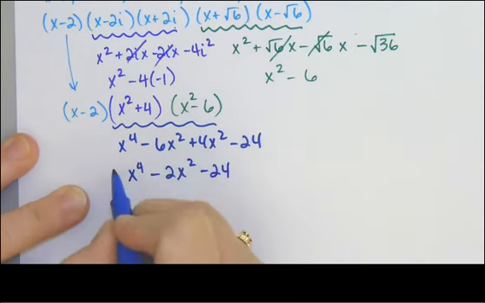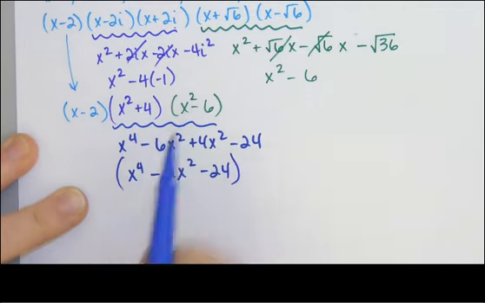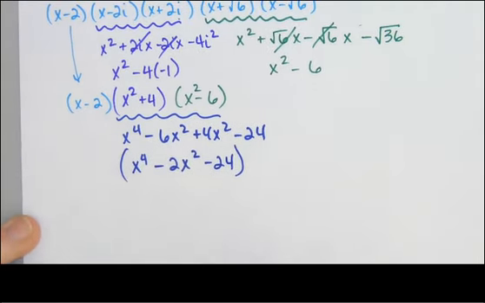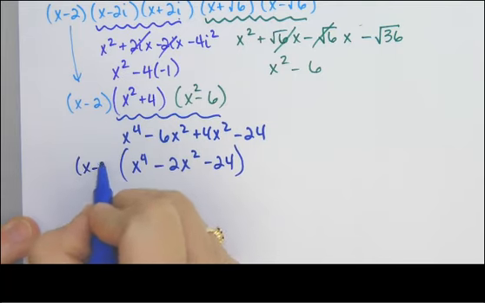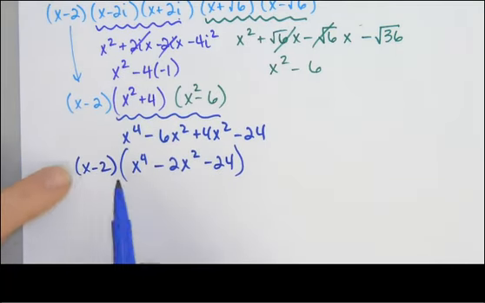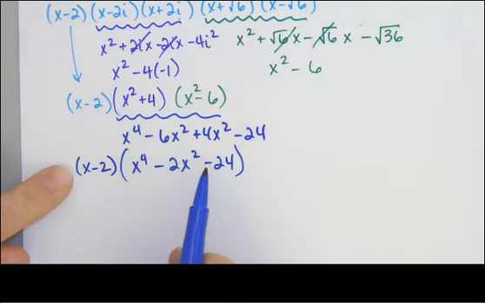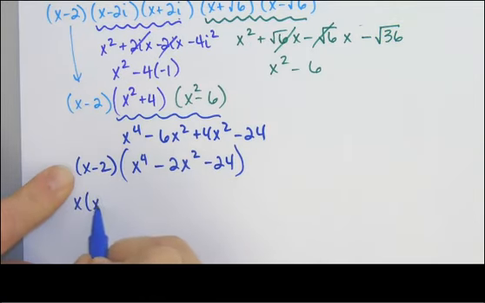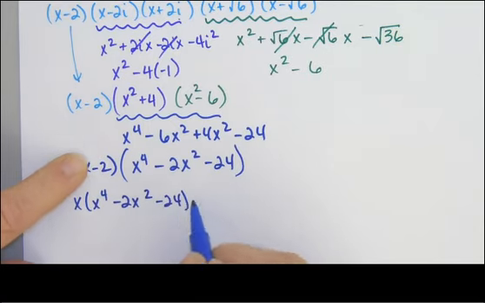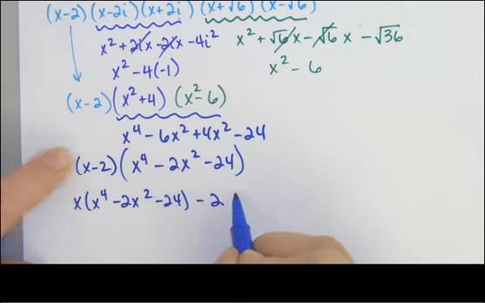So I just FOILed my purple and my green set of parentheses. I'm going to drop down my x minus 2, and I'm going to multiply all of these together. So I've got my x times this trinomial, and then I've got my minus 2 times the whole trinomial.